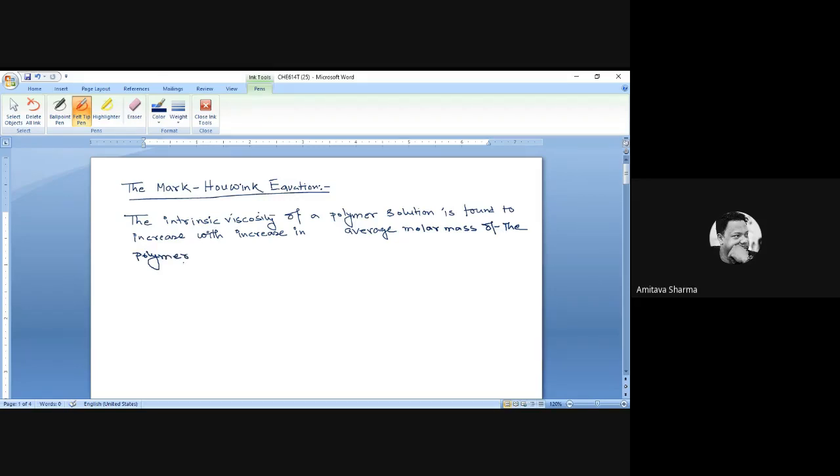So this dependency can be expressed as: intrinsic viscosity equals K into average molar mass.